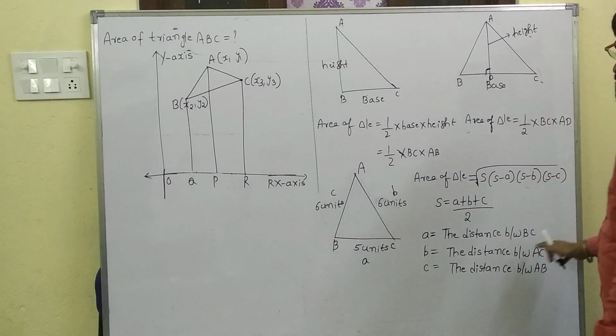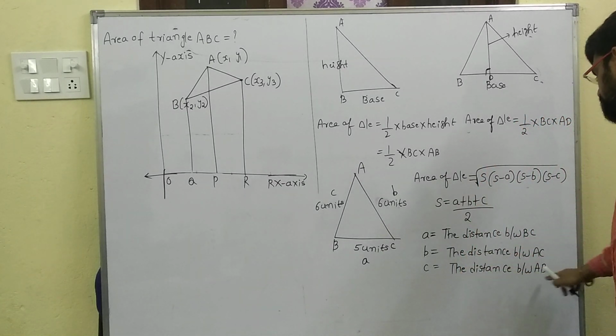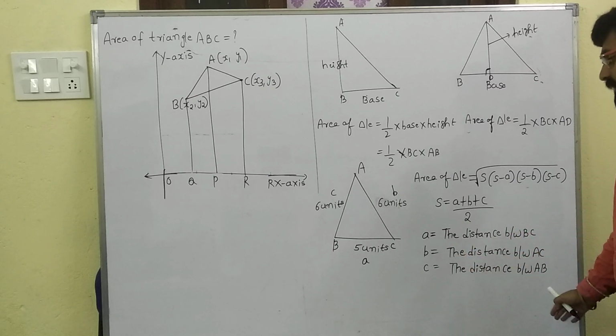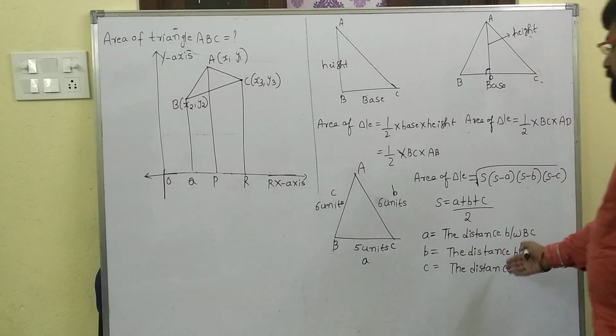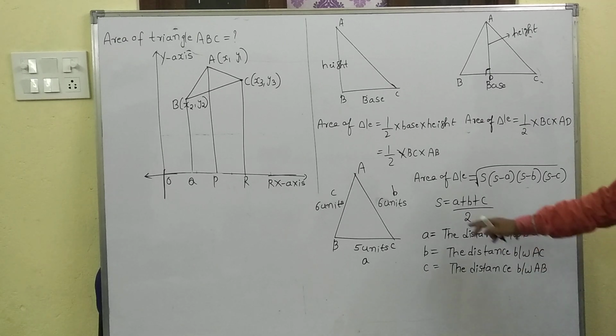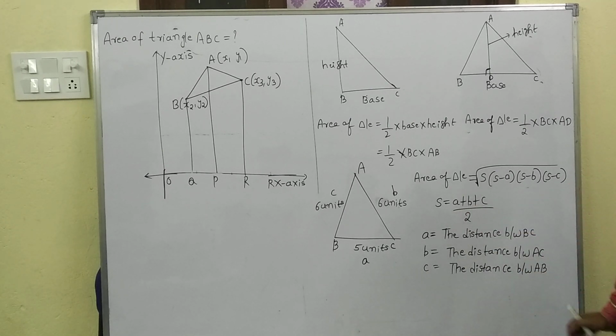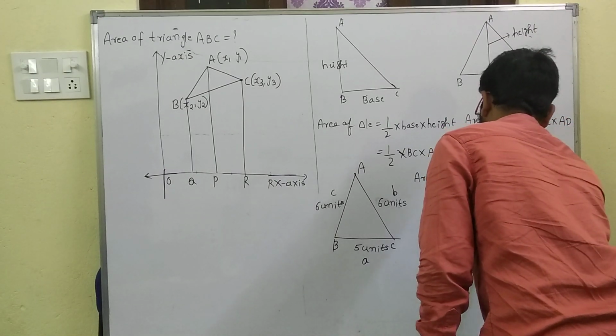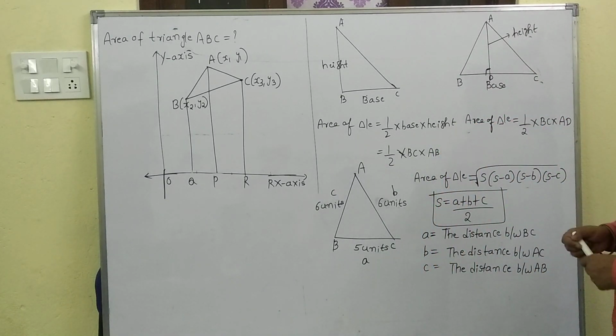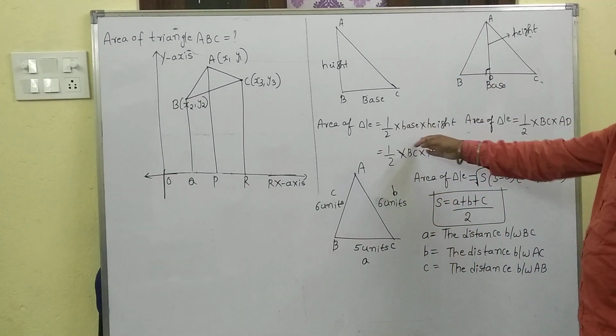So a is the distance between BC, b is the distance between AC, c is the distance between AB. If they give the distances, we can find it like this, with S equal to a plus b plus c by 2, using this formula. But if they give it like this, we can find the area as half into base into height.